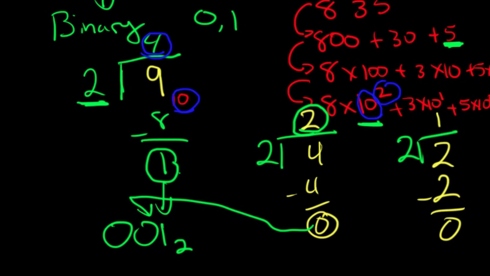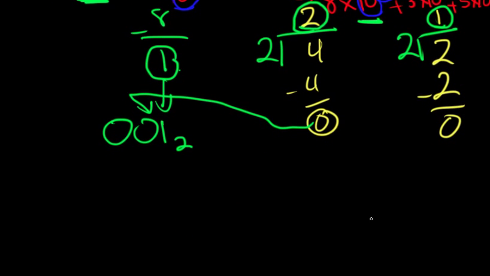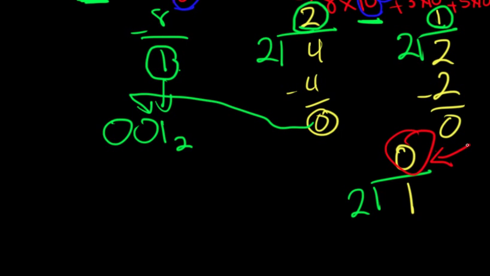Remember, we have to keep going until this quotient up here is 1. So we do 2 and 1, and 2 can't go into 1, right? So it goes into it 0 times, and now this is your indication that you're finished with this process. This means to stop.